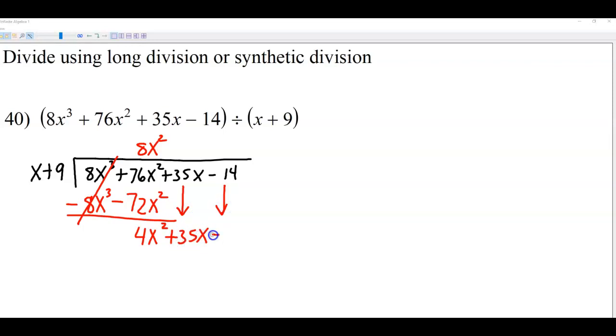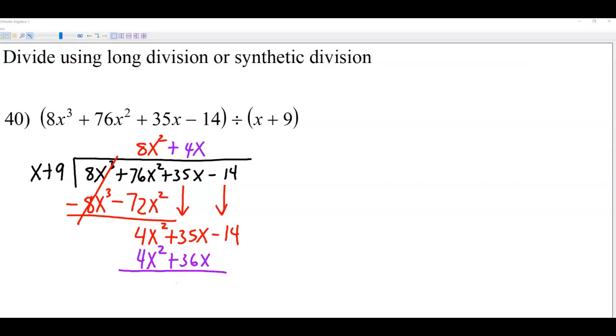After that, we repeat the process with the result. So now I ask myself, what would I have to multiply x by to get 4x squared? I would have to multiply it by 4x. So now I multiply that times both of these, and I get 4x squared plus 36x.